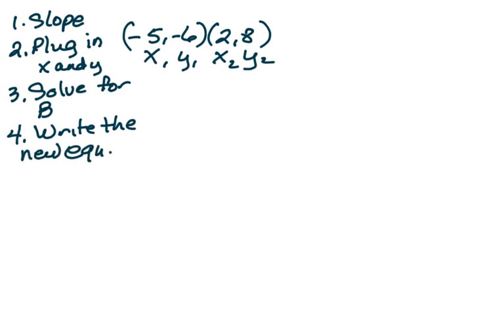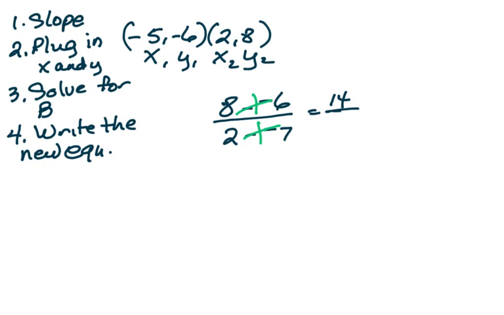Okay, so the first thing we're going to do is find the slope. So I'm going to go 8, take away -6, divided by 2, take away -7. Again, that turns into a big positive on both sides. So 8 plus 6 is 14. You guys, I wrote something wrong here.